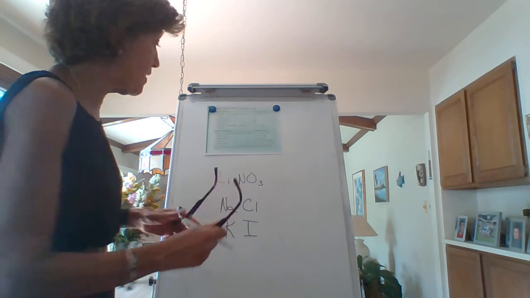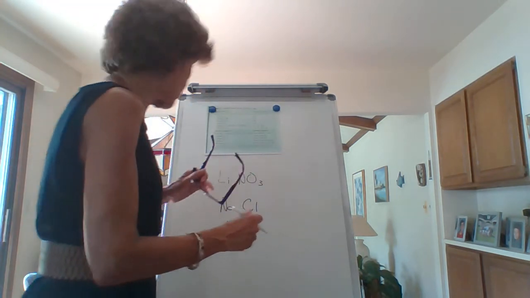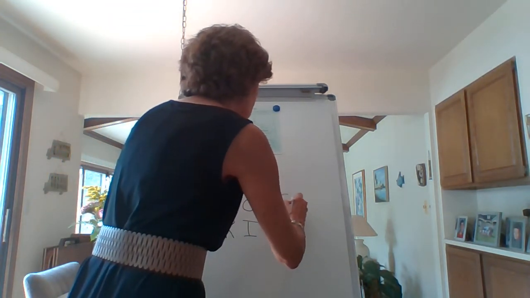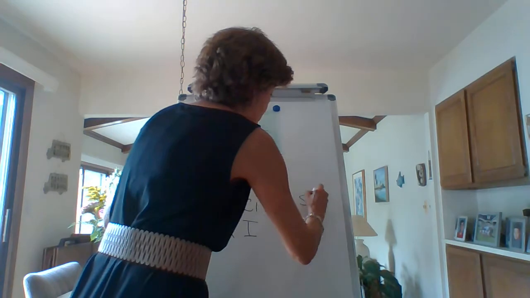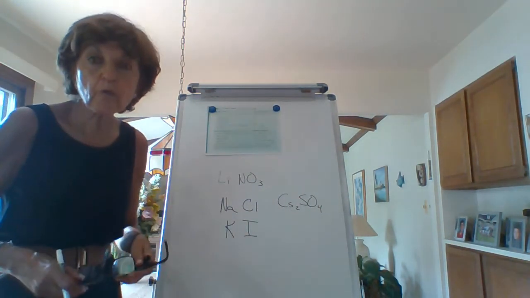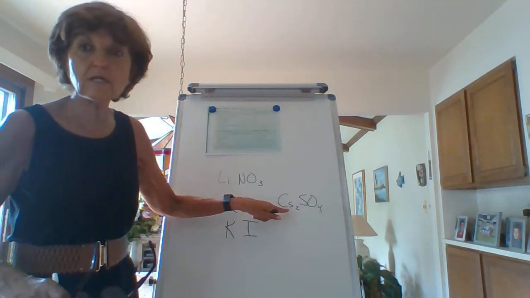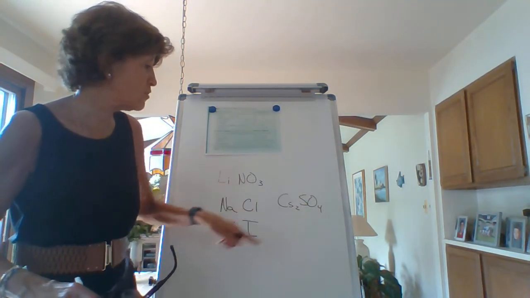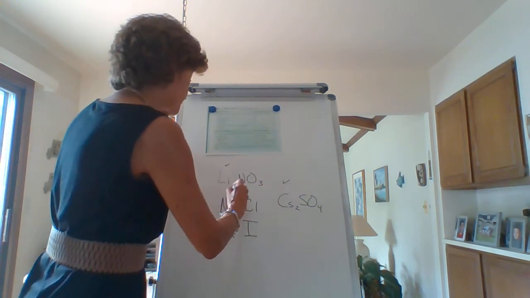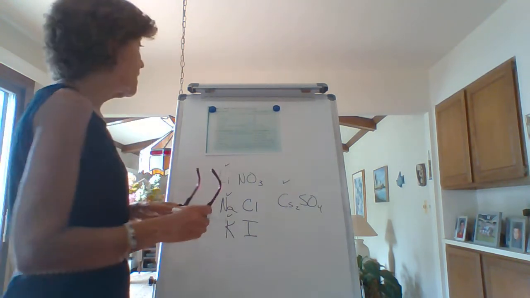What else is in group 1A? Cesium sulfate. Any group 1A. Why did I put two cesiums here? Because cesium's +1, sulfate is -2. So long as you see a group 1A, it's going to be soluble in water, okay?